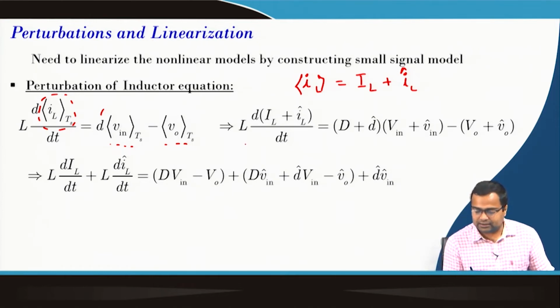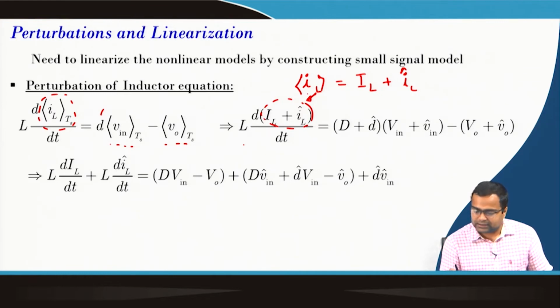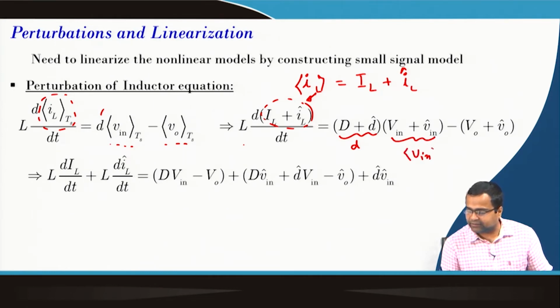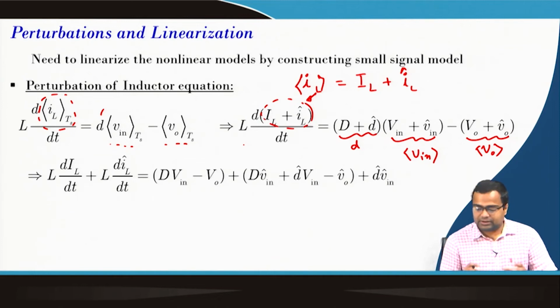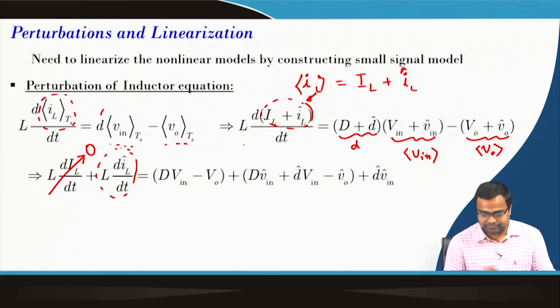Then we get the right side equation, where this is d, this is the average input voltage V in, and this is the average output voltage. If we expand this, this is the steady state term, and if we take the differentiation it will be 0, so the left side only has the small signal part.